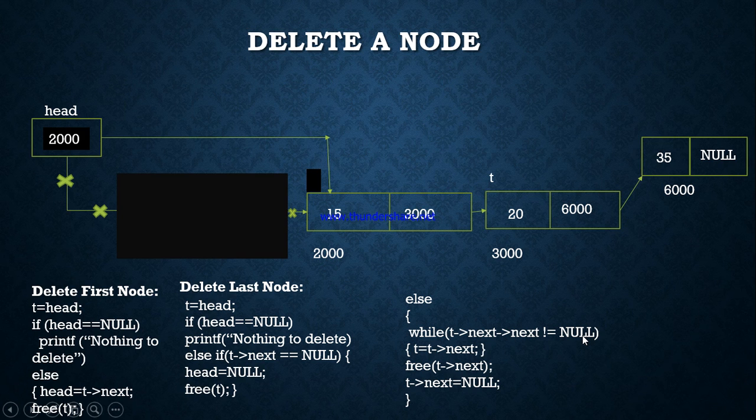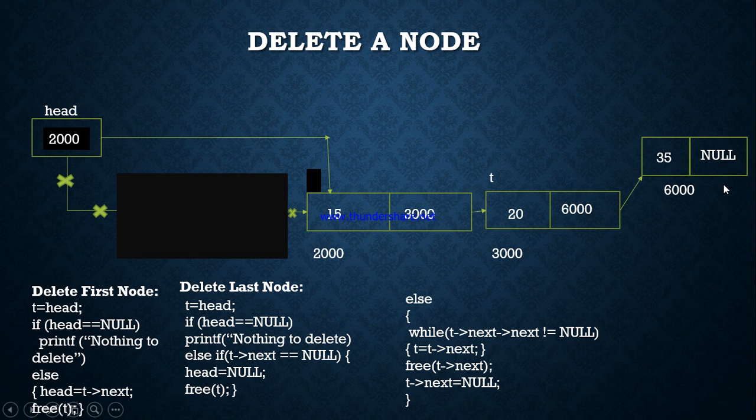So now what will be the logic? We will free T of next. This node T is here and T of next is 6000. The node which is created at the 6000 memory location will be deleted.